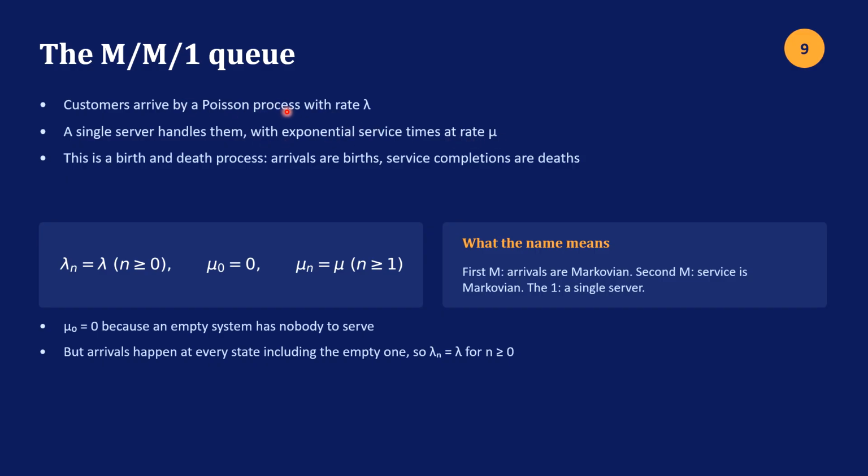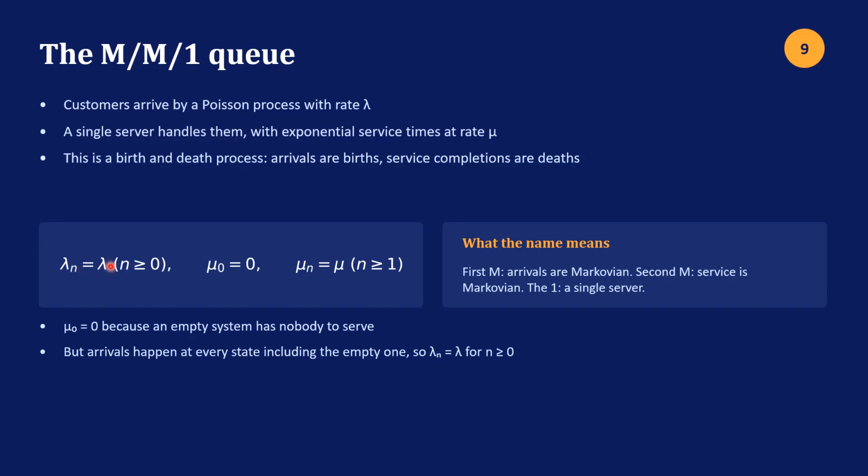So there's an arrival rate to the server, the person checking people out, and there's an exponential service time for how long it takes to process each person. So this is a birth and death process. Arrivals are births. Service completions are deaths.